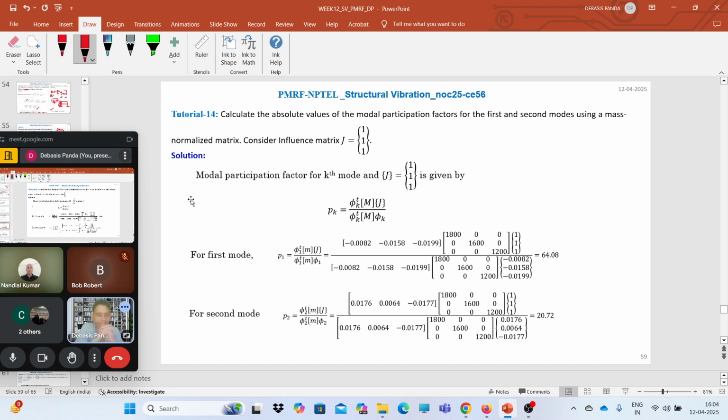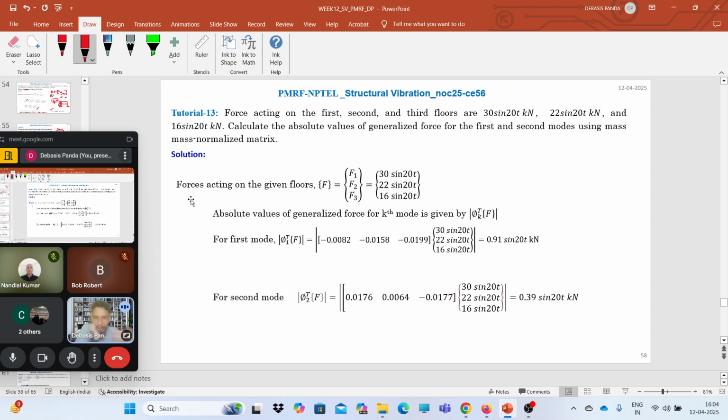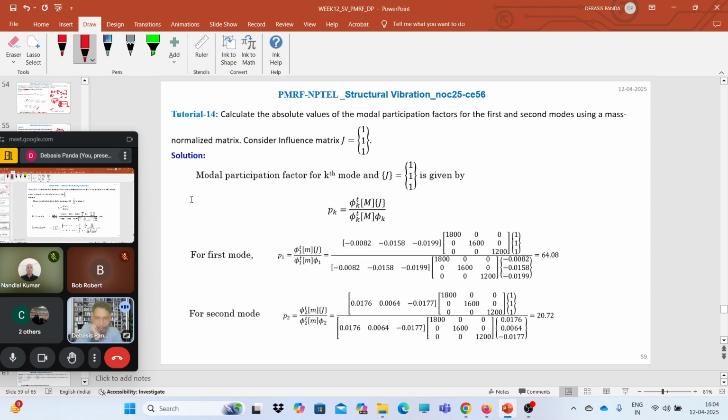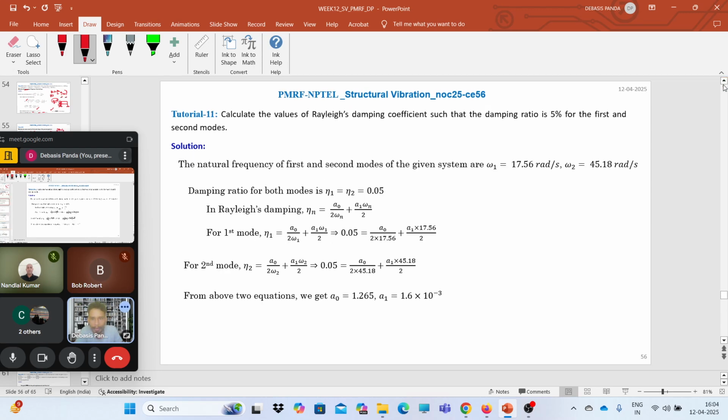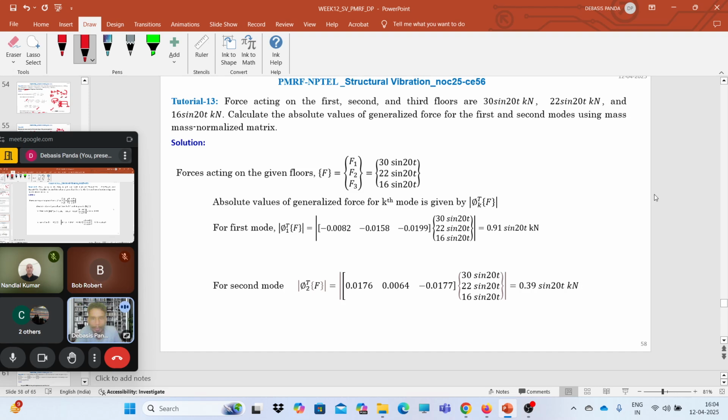So we are discussing the possible questions which we need to focus on more. Here we talked about the participation factors. Now this kind of question may be asked; we'll go into the damping model a little later. Let's stick to this problem. What this problem says: forces acting on the first, second and third floors are given.